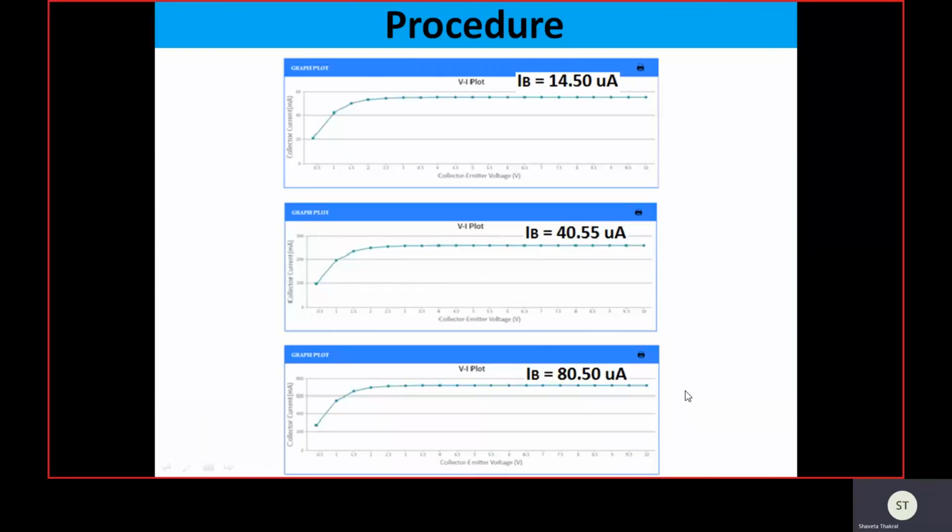So we have plotted the three curves for the three different values of IB, and the incremental change in the collector current can be seen in the three different graphs.